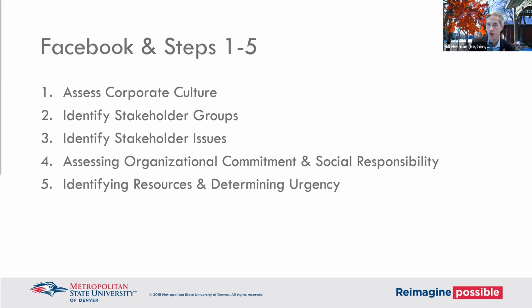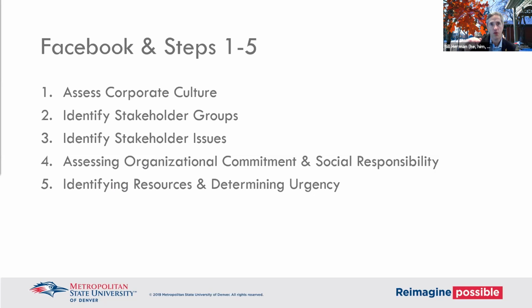But as you think about these steps 1 through 5, think about it in the context of an actual company. Think about it in the context of a company that you work for, right? Are there values at your company that your company lives by, or maybe doesn't live by? I'm not going to name names. Okay, so we've assessed that.